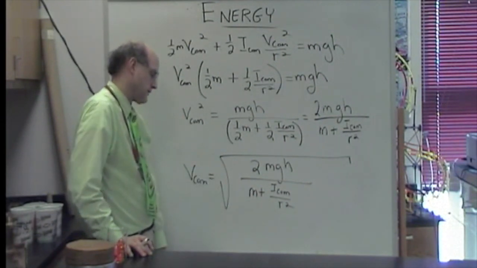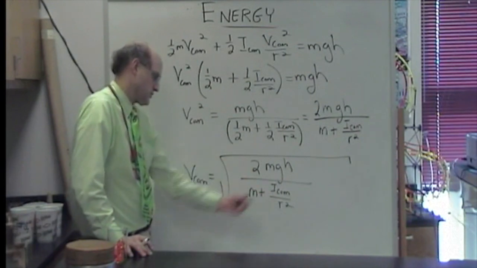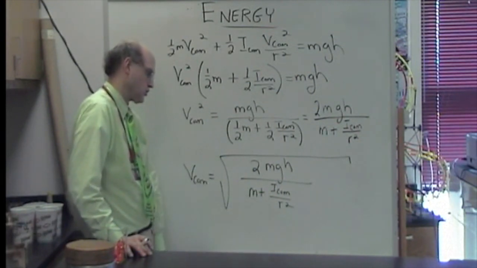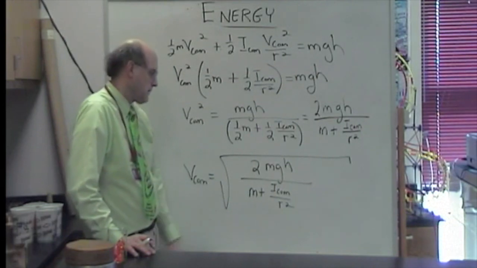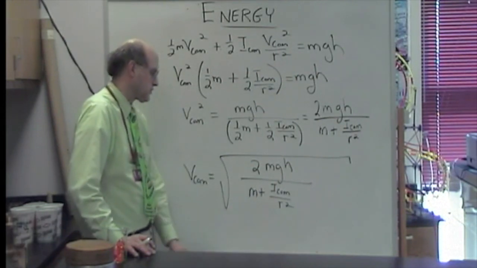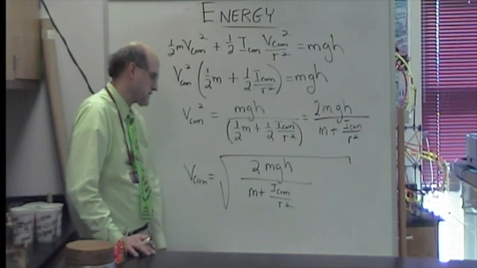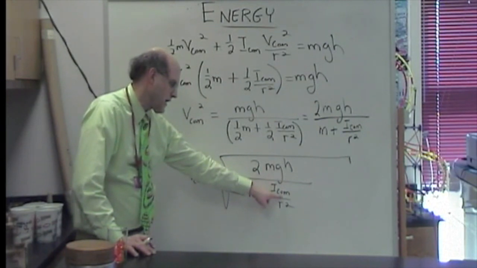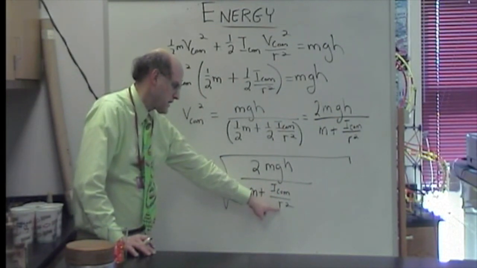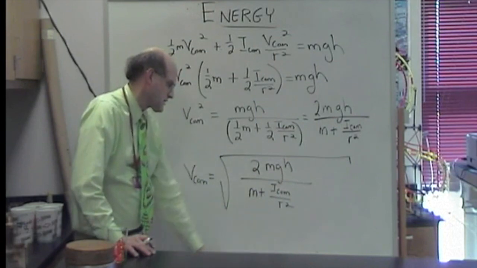Now what's interesting about this is when we substitute in the moment of inertia for the rolling body, you notice that mass will appear in each term under the radical, so that gets kicked out of town. But you'll also have an r squared in the numerator for the ICOM, and an r squared in the denominator, so even r squared gets kicked out of town.